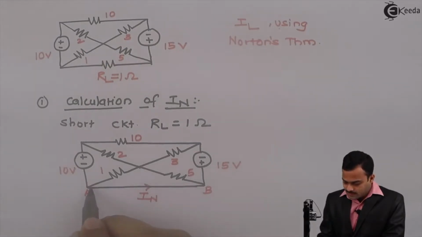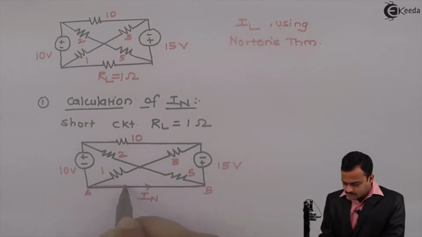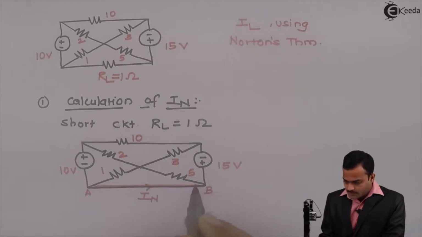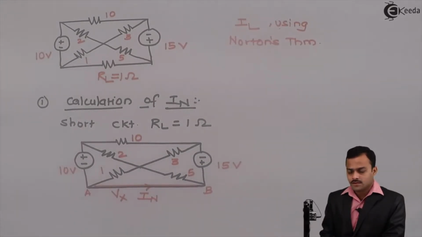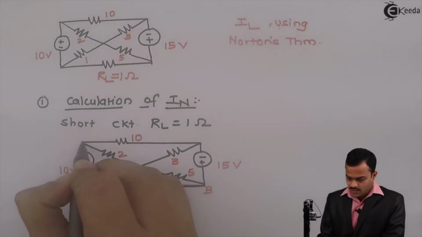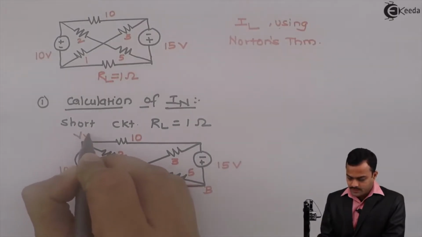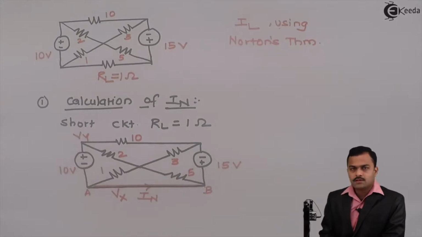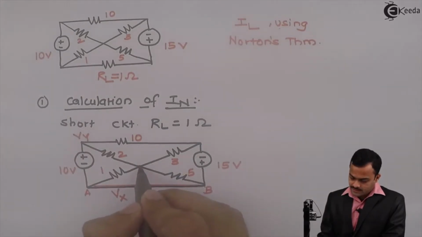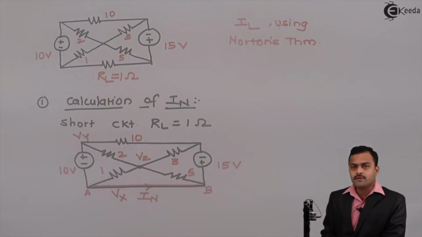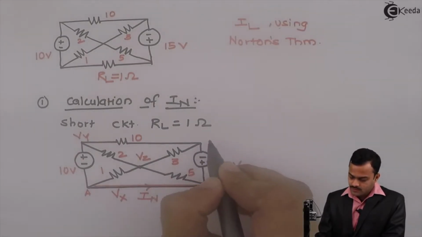So I will consider this is node 1, whose potential I will consider as Vx. Here the potential is Vx, nothing but the same point. This node I will consider having a potential Vy. And I will consider this is third node whose voltage is Vz, having this node as a reference.